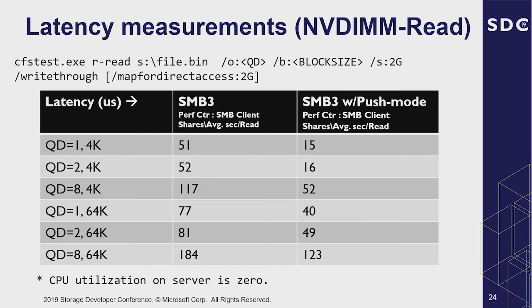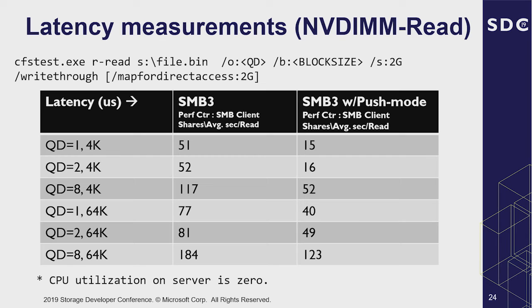Now, with push mode, you can see quite a bit of improvement. It's at least 3 times lower latency than a typical SMB2 RDMA read. And the added thing is, if you look at the server CPU utilization, it's just 0.